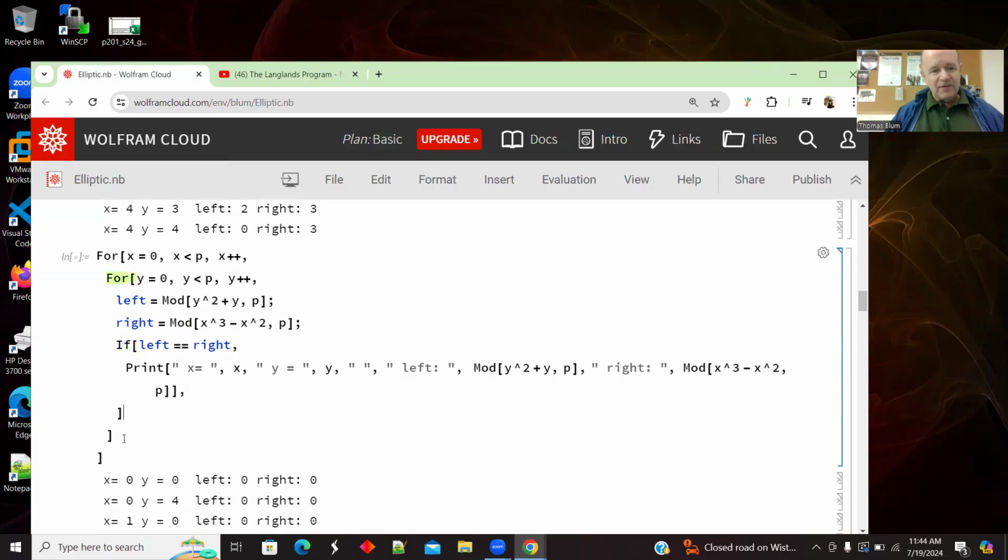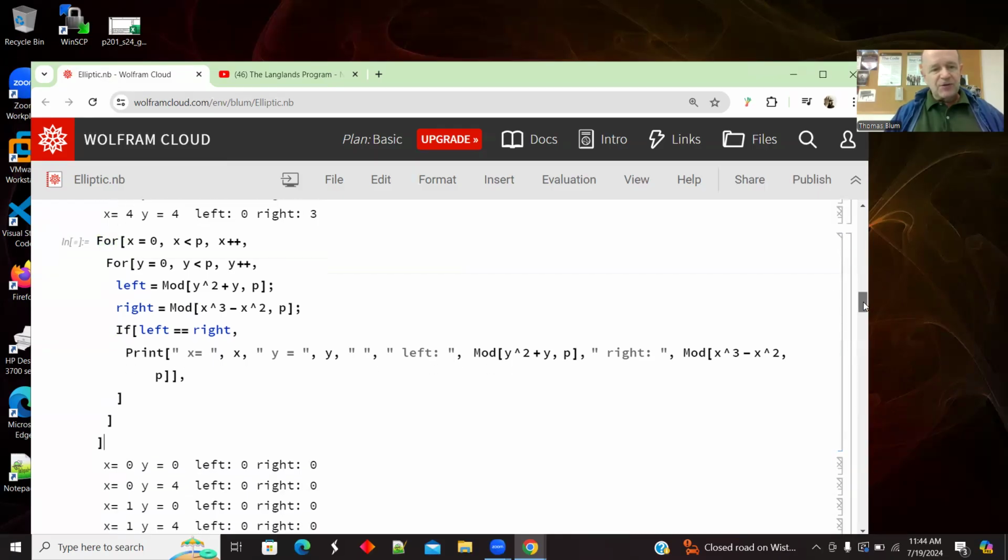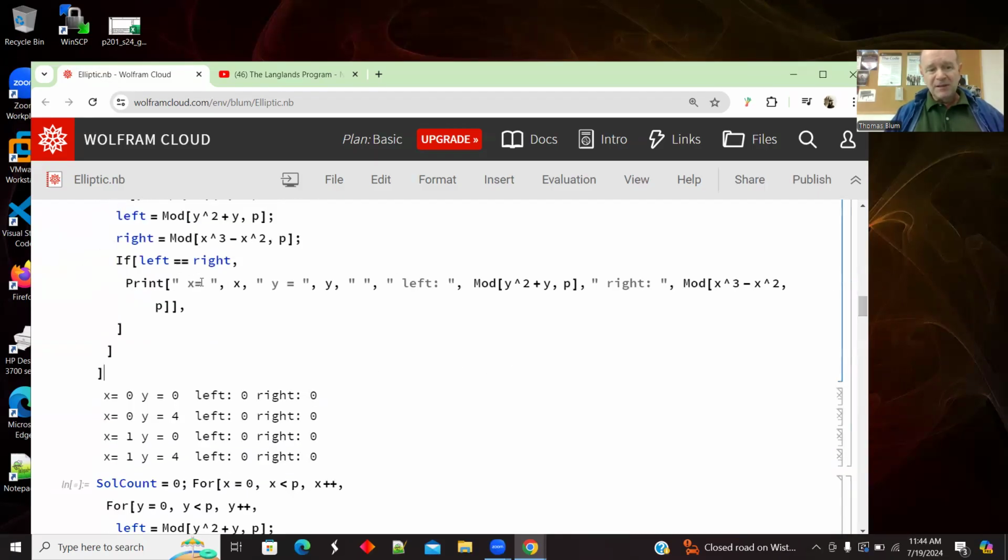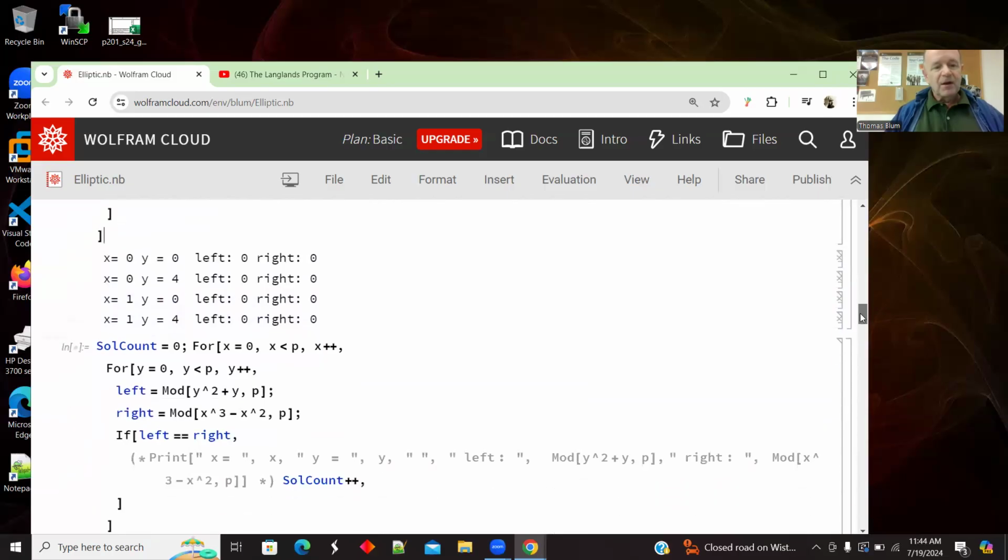Here's the end of my If, the end of the inner for loop on Y, and the outer for loop on X. And so now I'm printing when the left-hand and right-hand sides are equal. In this case, that happens to be when they're both zero, but that didn't have to be. That's just what happened with p of 5.